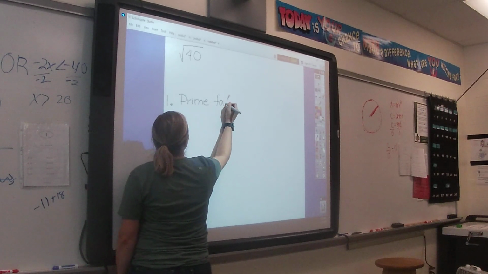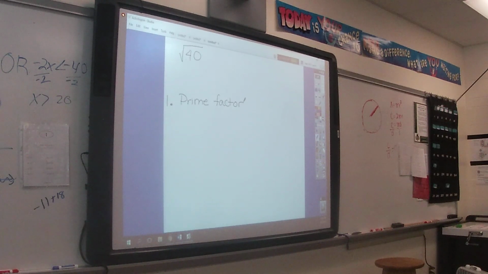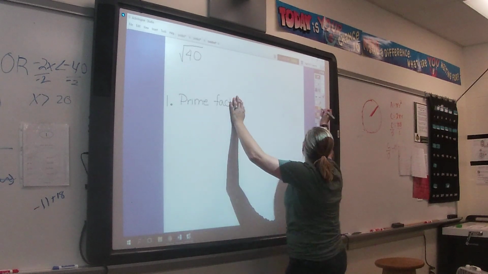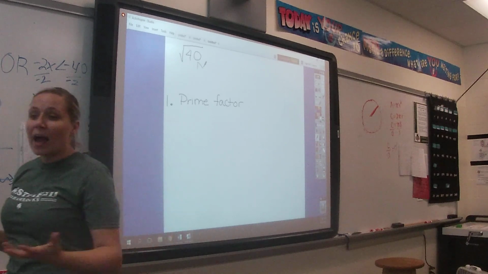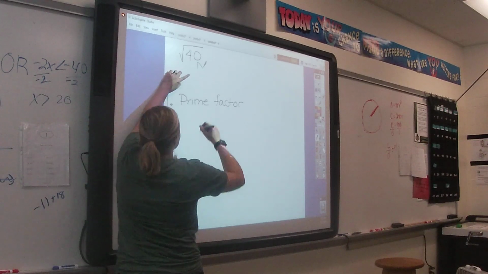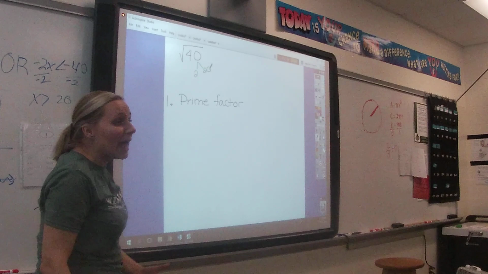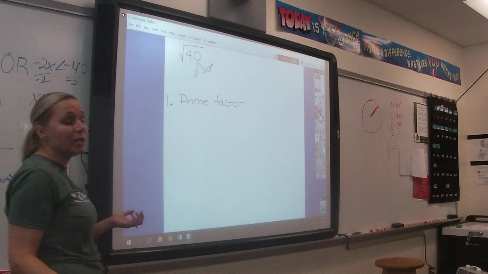is prime factor. We are going to take 40 and prime factor it just like we talked about when we were factoring 2 weeks ago. So what does 40 split into? 2 and 20. You could pick 4 and 10. You could pick 8 and 5 as long as you are picking mathematically correct options.